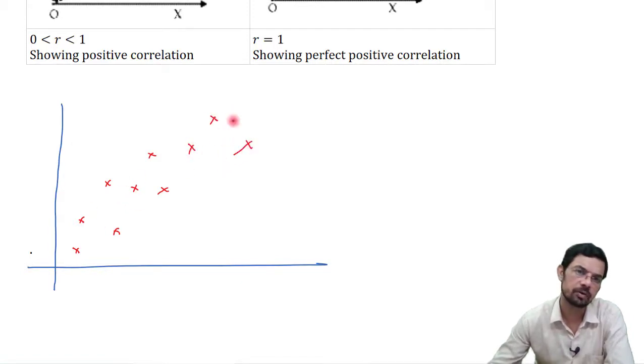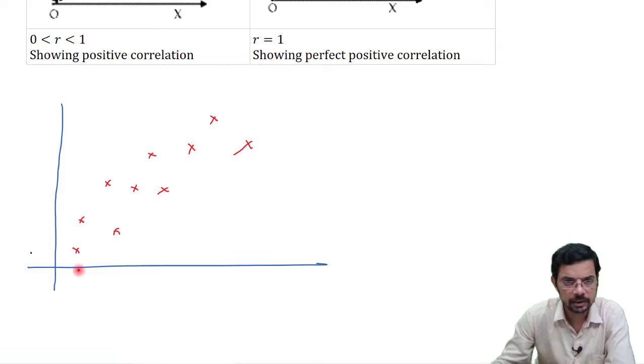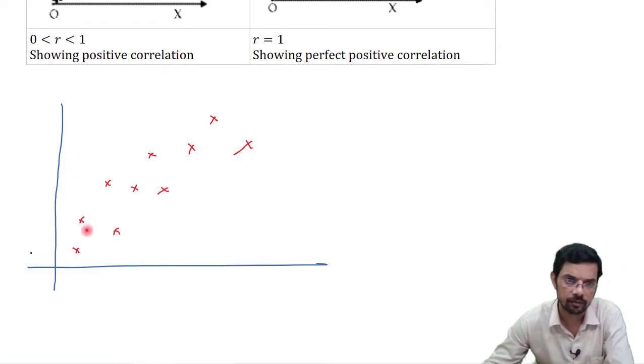What can we observe from this? We can clearly observe that it shows a positive development. That is, when x is high, y is also high. When x is low, y is also low. When y is low, x is also low.